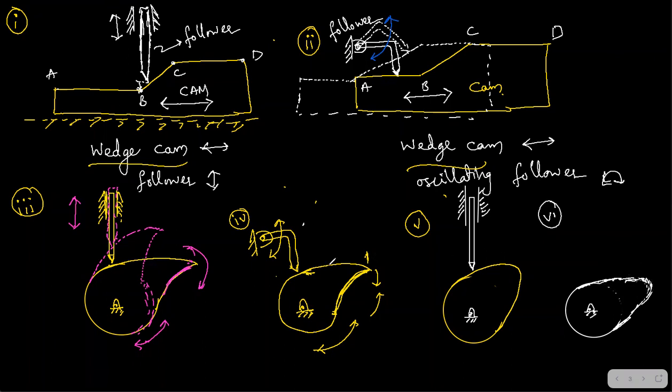Okay, fine. So now we are going to have the follower also, right? So here the follower is your oscillating follower, and the follower is like this.